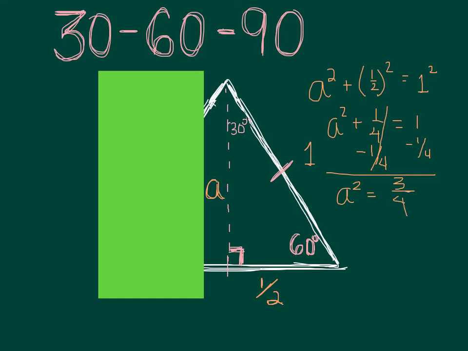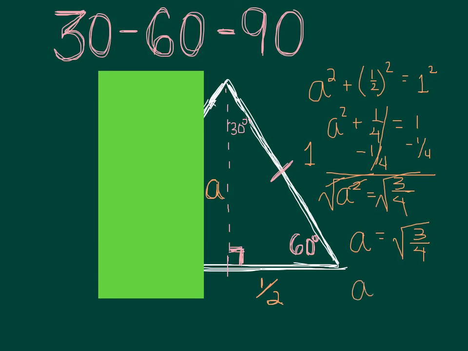3/4, not 3/3. Well, now I have A squared equals 3/4, but I wanted to know what A was. So square root both sides, get rid of my square root this side. I now have A equals the square root of 3/4. And now I'm going to use that trick that I used before that says the square root of a fraction is the same thing as the square root of the numerator divided by the square root of the denominator.